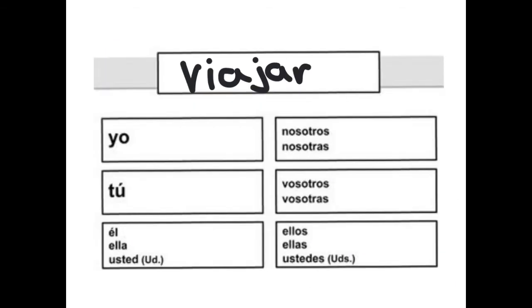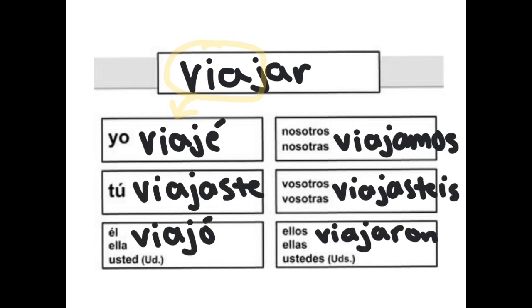Okay, so here's another example, viajar. So the same way we conjugated hablar, it's the same for viajar. So we would keep everything except the AR ending, and we'd write that down for each subject pronoun, and then we'd put the ending that fits the subject pronoun. So here are the conjugations for viajar in the past tense.